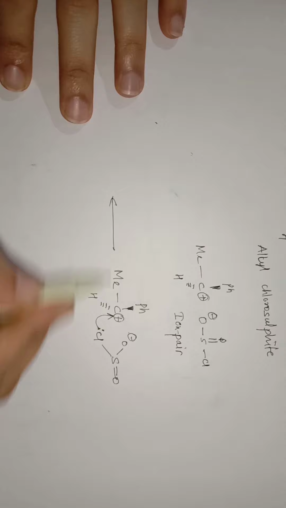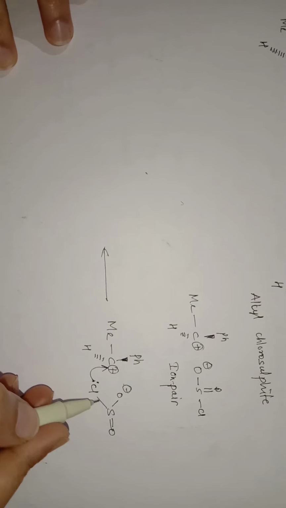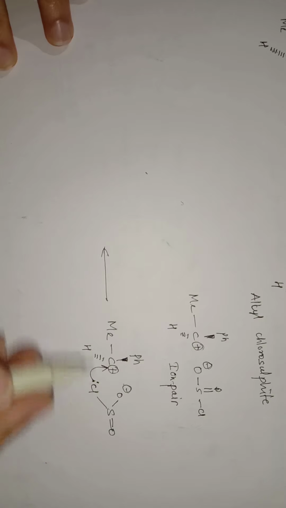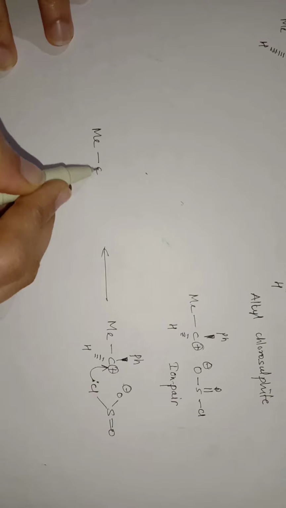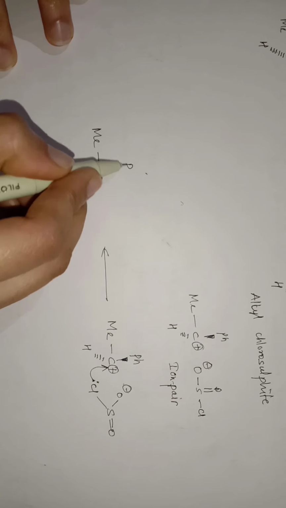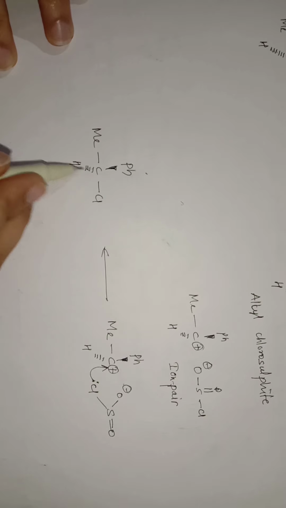Attack takes place and a new bond forms between this chlorine and carbon, and the other bond breaks down. So you get a new bond between carbon and chlorine, with methyl, phenyl, and hydrogen.